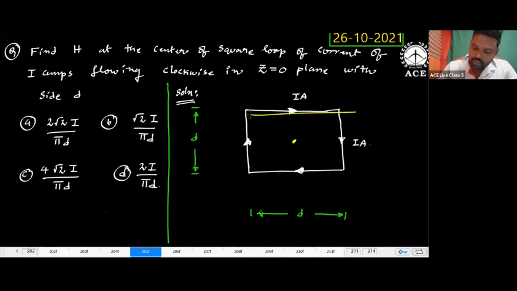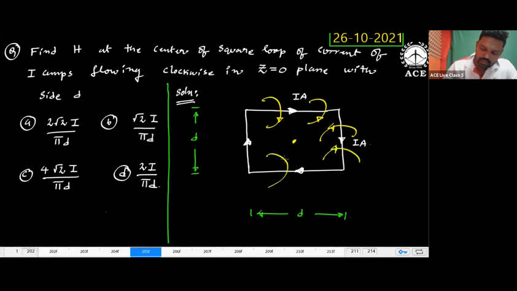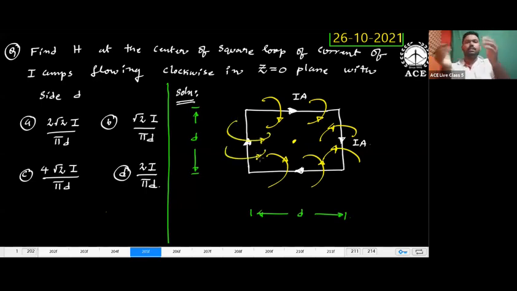If the current is flowing like this, the direction of the magnetic field is like this here, here, and here. So the magnetic field at the center will add up. So I'll find the magnetic field due to each section and multiply by 4.